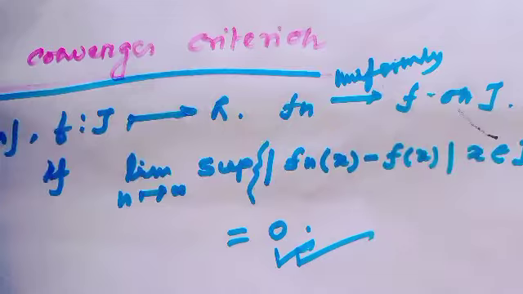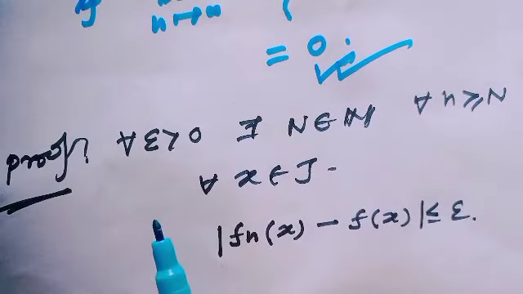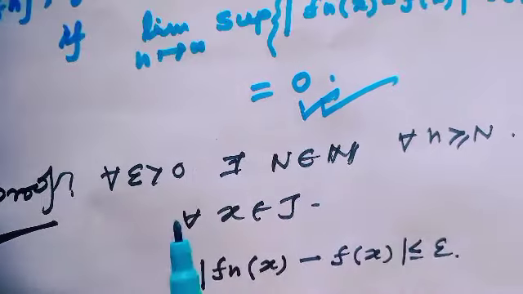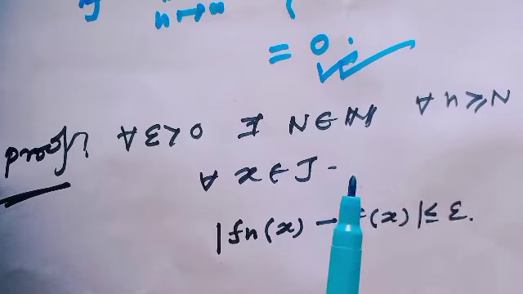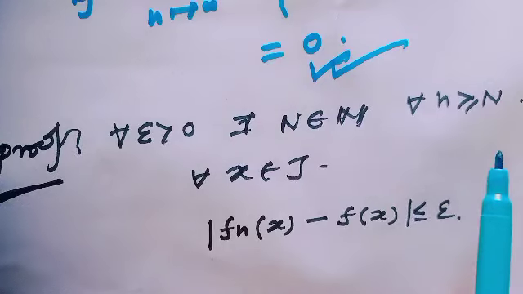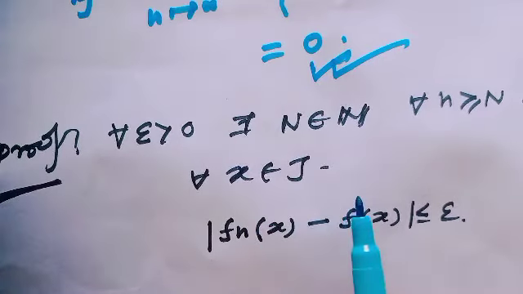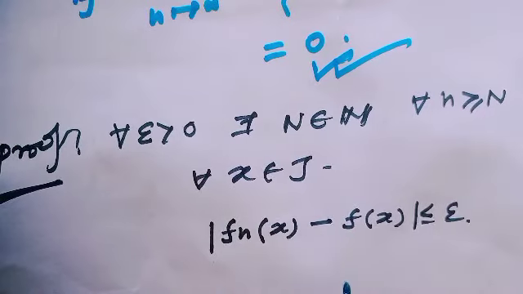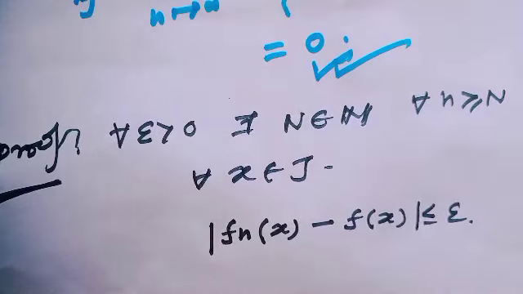This is trivially true, because the definition of uniform convergence means, as we all know, that for all epsilon greater than 0 there exists a capital N belonging to the natural numbers such that for all n greater than or equal to capital N and for all x belonging to J, the absolute value of fn(x) minus f(x) is less than or equal to epsilon.